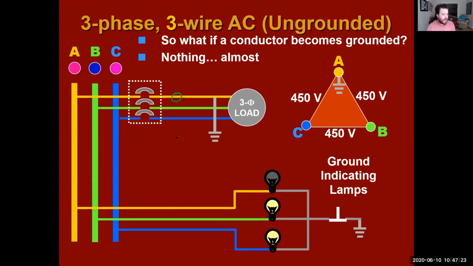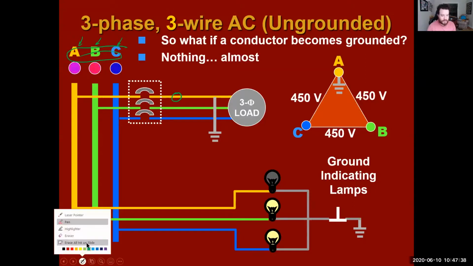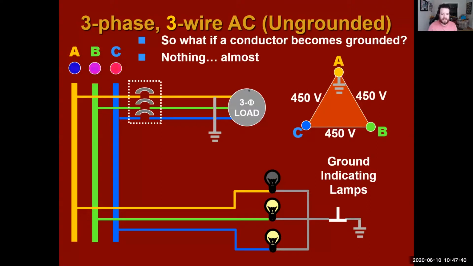The problem happens when we have 2 wires that become grounded. All right. And by 2 wires, I mean 2 different phases. Either phase A and B are both grounded, or B and C. God forbid if you don't notice it and all 3 of them become grounded, that wouldn't be good. But if one becomes grounded, it's not the worst thing in the world. It's when the second one becomes grounded. That's when you have your problem.